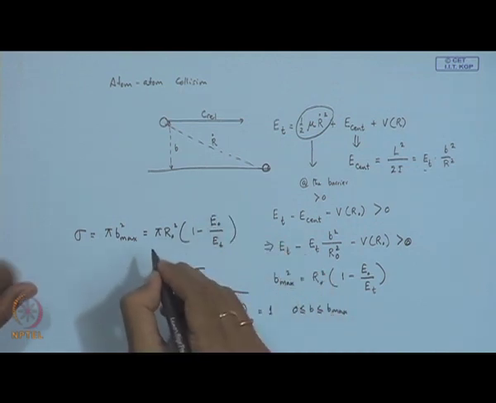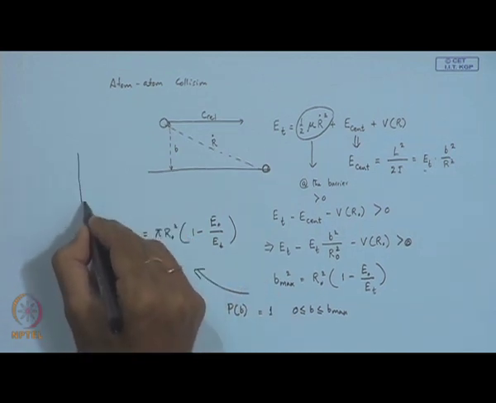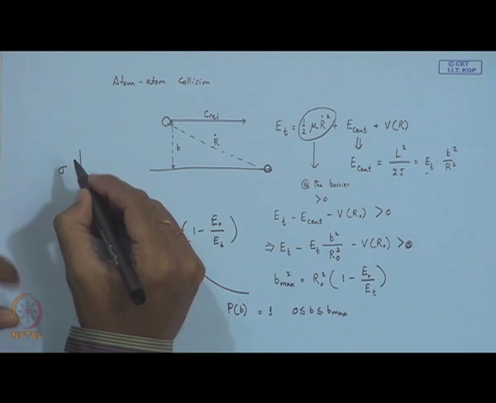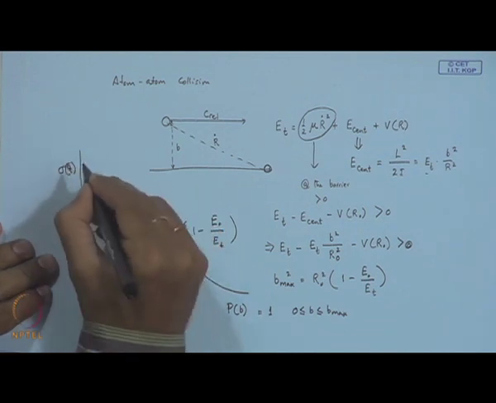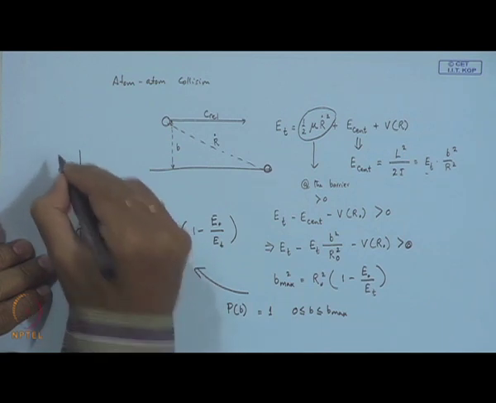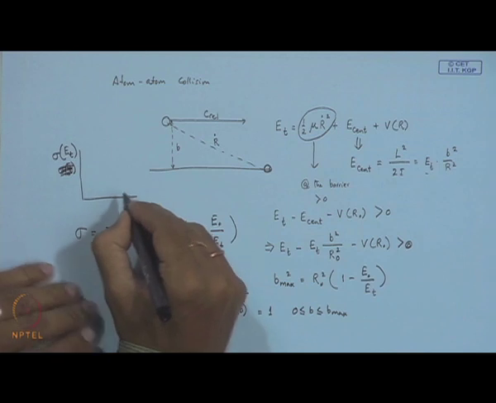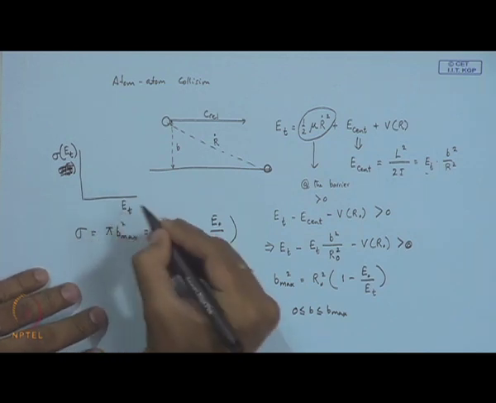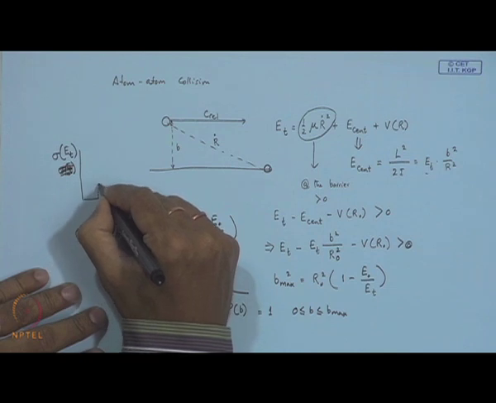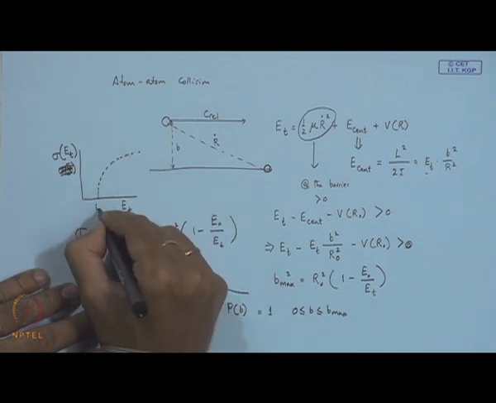So, basically if you plot sigma(E_t) versus E_t, it is like this. So, this is your E_0.